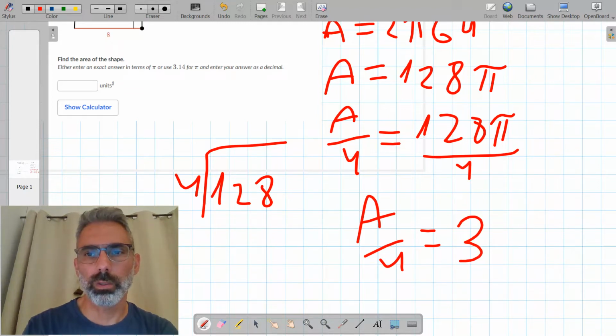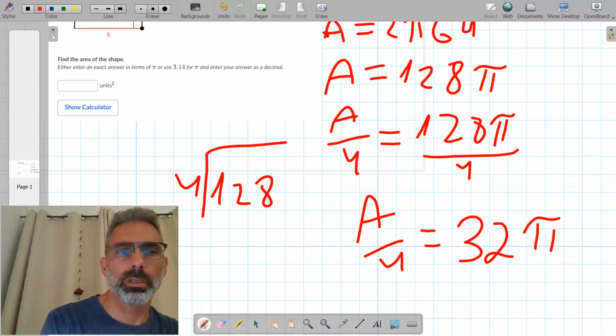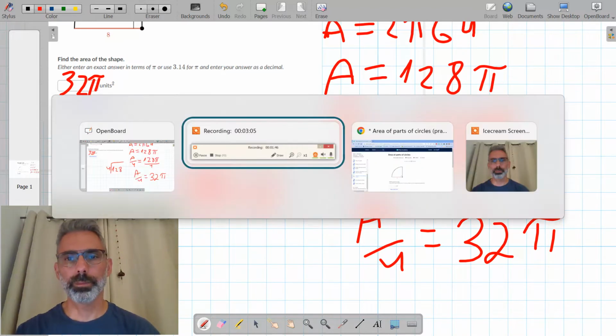So 128 divided by 4 is 32 pi. So this is the answer, 32 pi units squared.